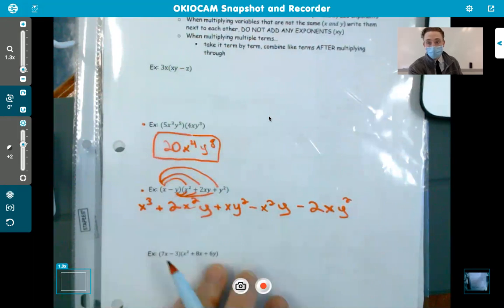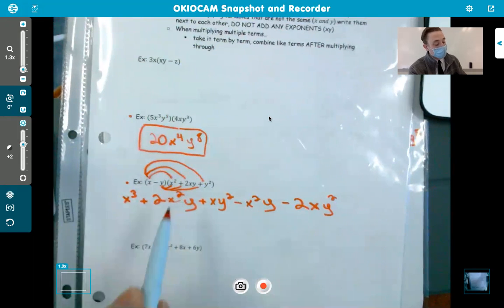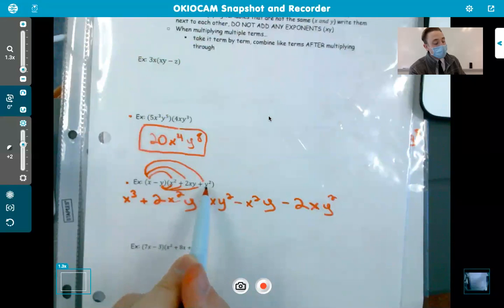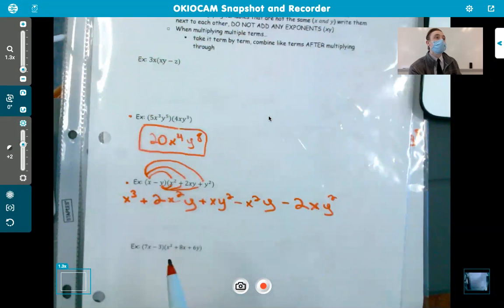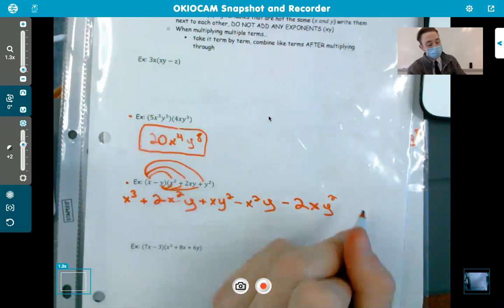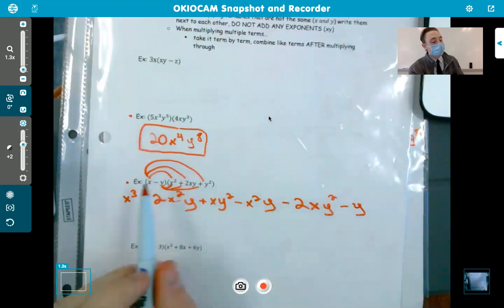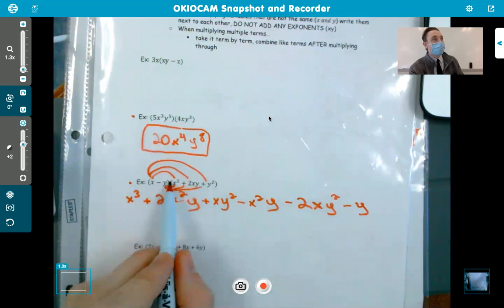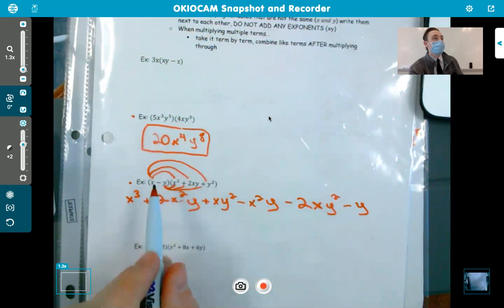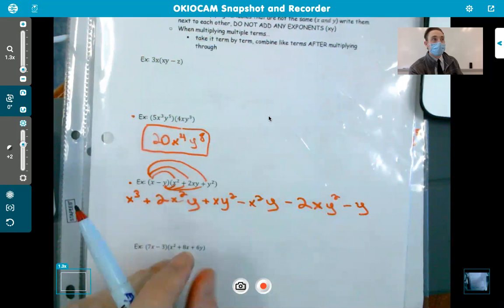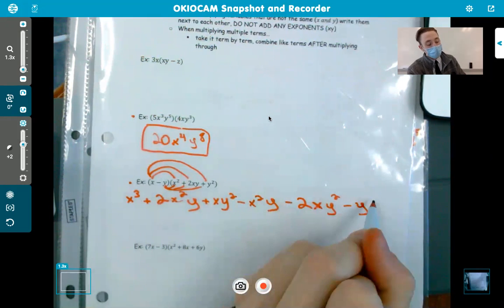You're just combining things that you can combine. What's y squared times negative y? Negative y, not squared, because you have squared and to the first power, so you're adding them to the third power. Good.